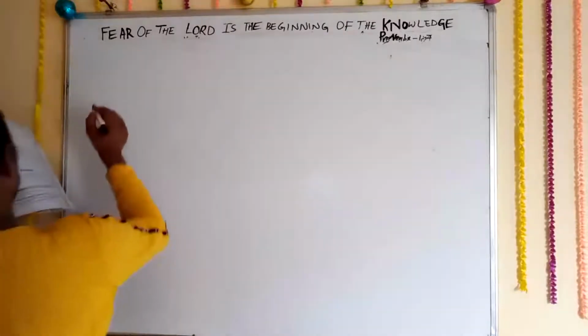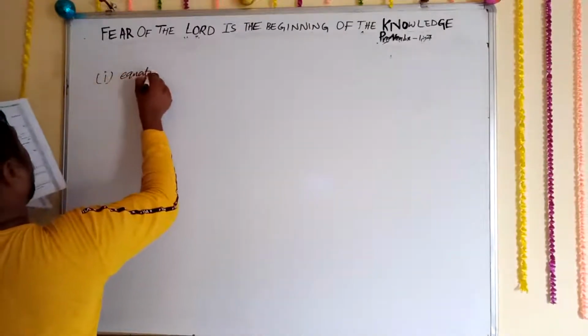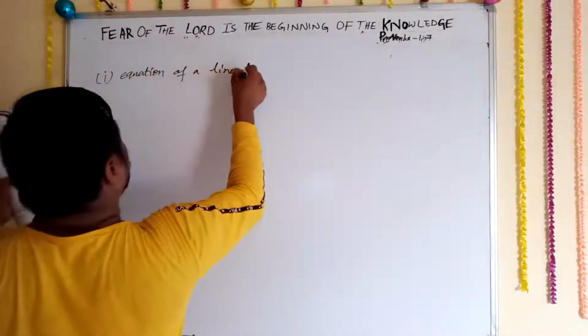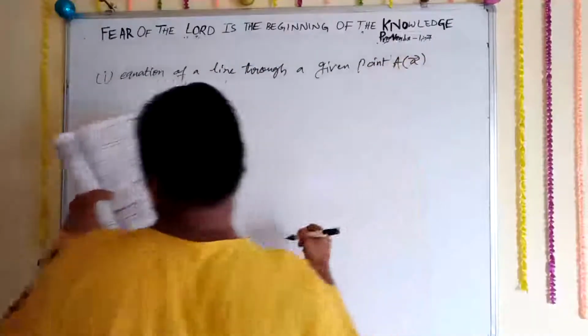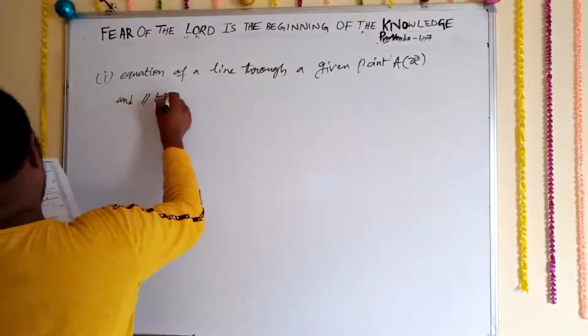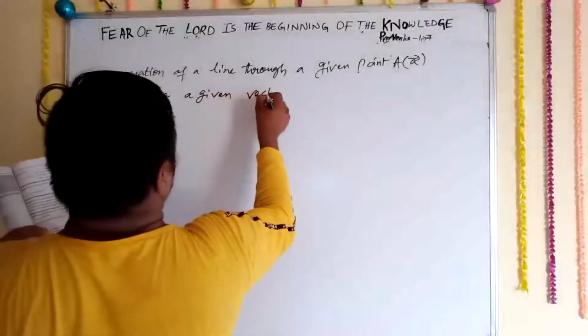Equation of a line through point A, that is your A vector, and parallel to a given vector m.